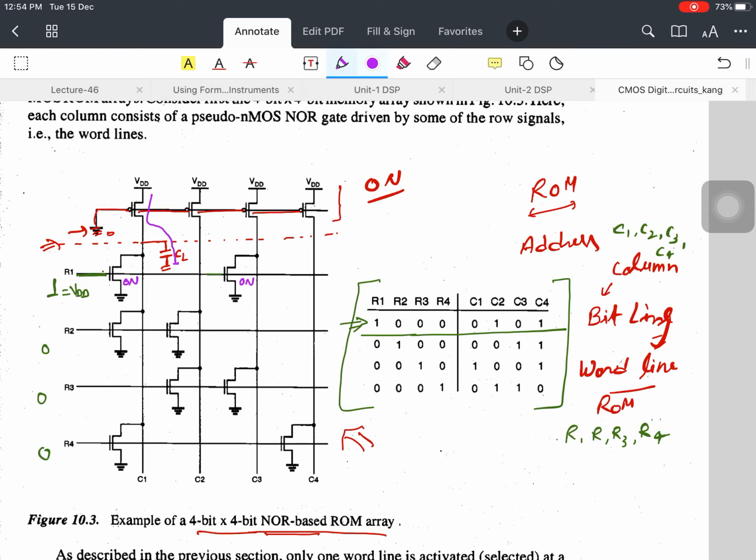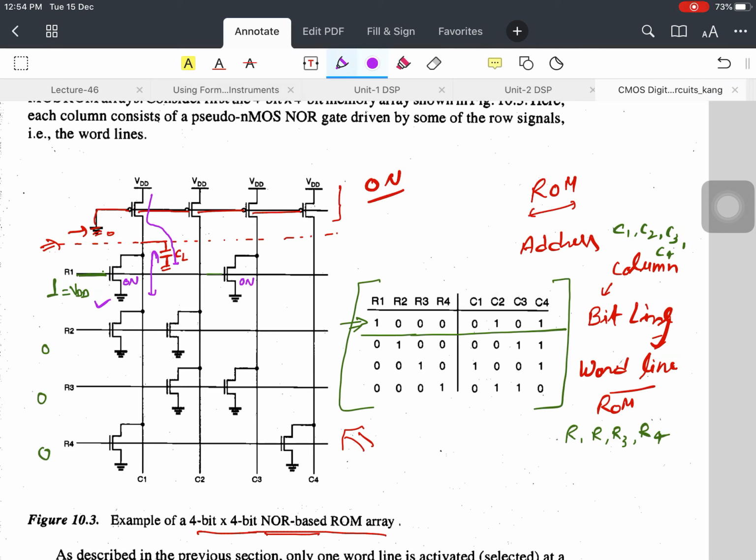So this capacitor can discharge, because it will have a path, because this transistor is on.